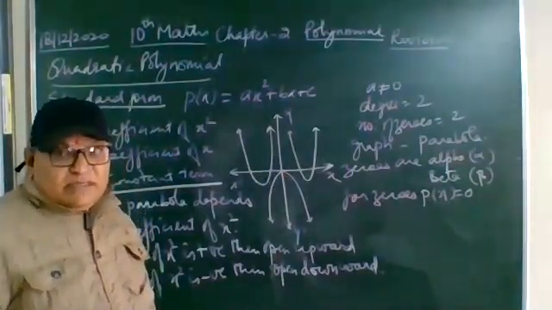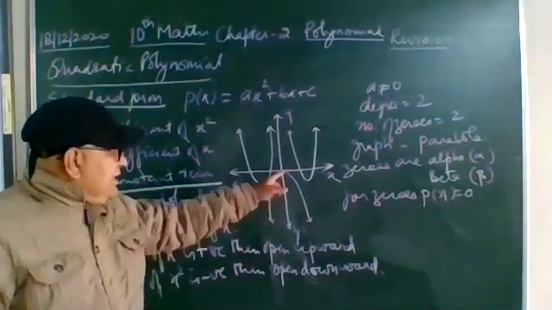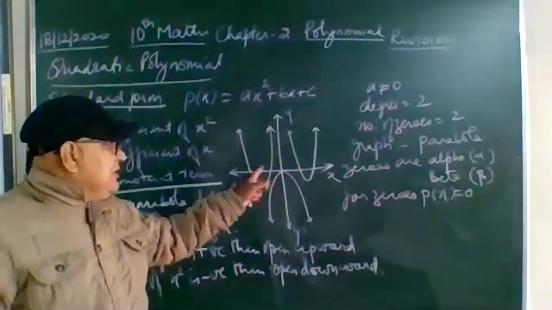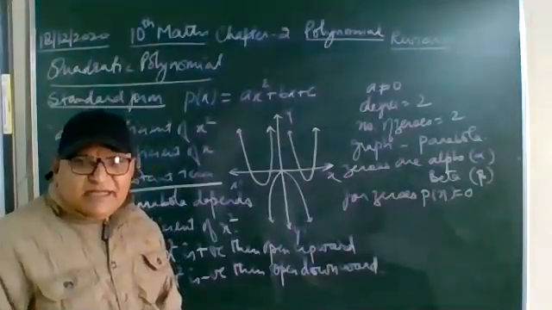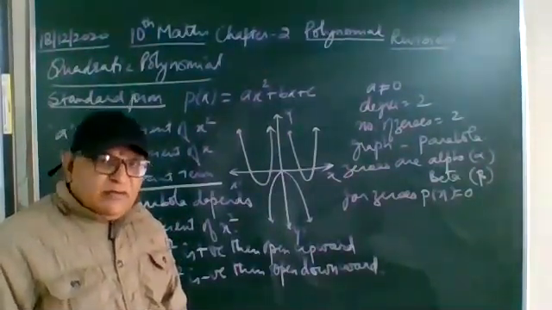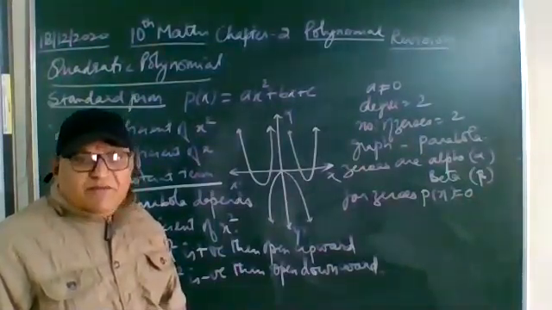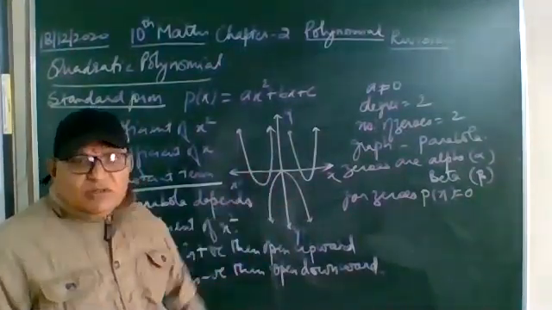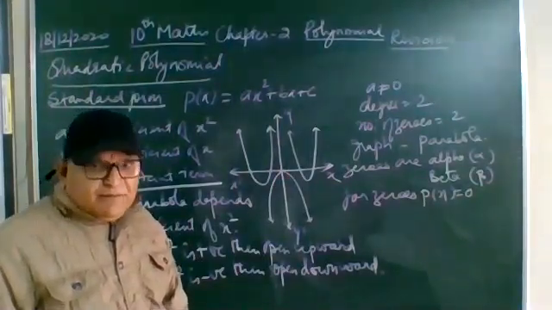One more thing you can answer from a parabola. Here this parabola is intersecting at 2 points, this is also intersecting and this is also intersecting. When the parabola intersects at 2 points, two different points, then you will say the parabola has two different roots, two different zeros. Alpha and beta both are different.